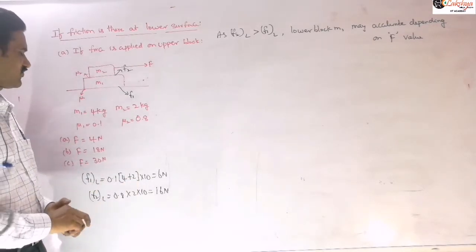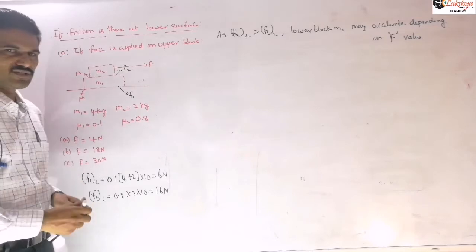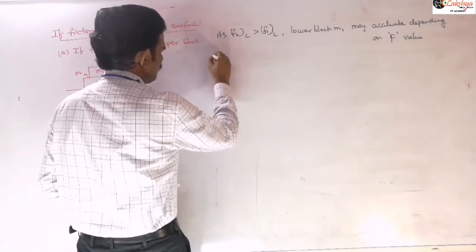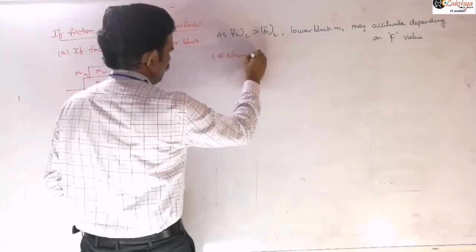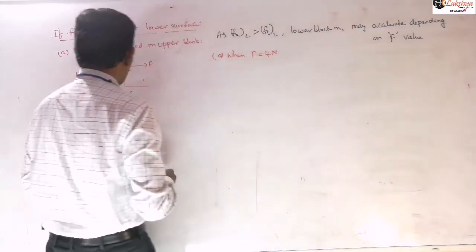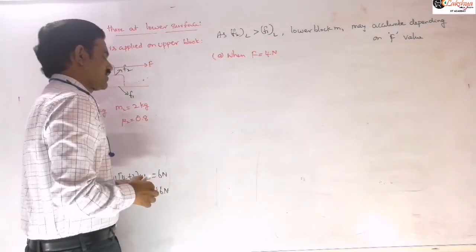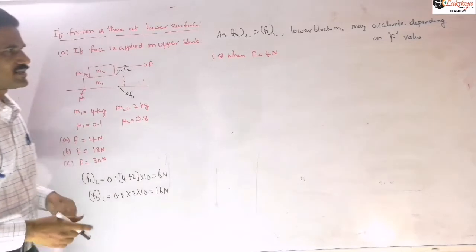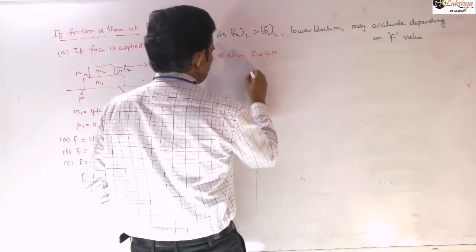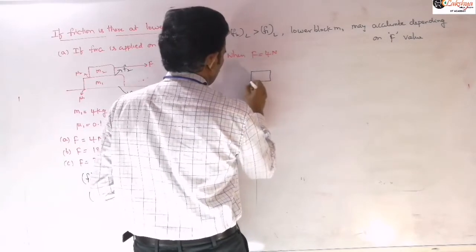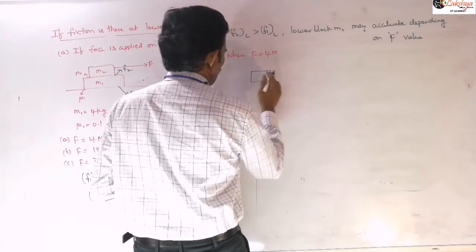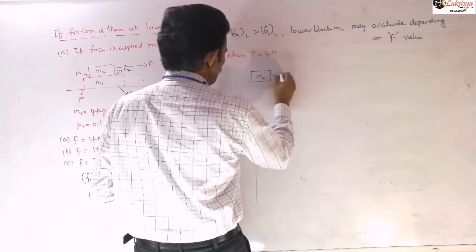And so now let us take for this force, applied force is 4 newtons here. So now I am taking the first case here when F is equal to 4 newtons. So now we can easily conclude that when F is equal to 4 newtons, the system cannot accelerate. That means I will draw the individual free body diagram. This is M2.